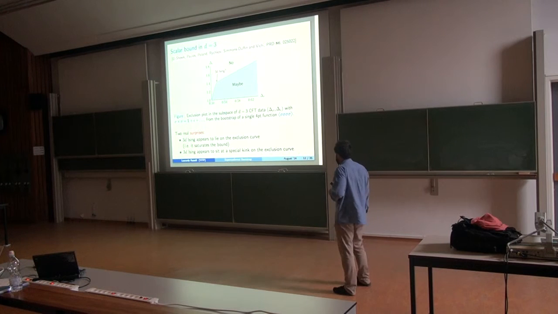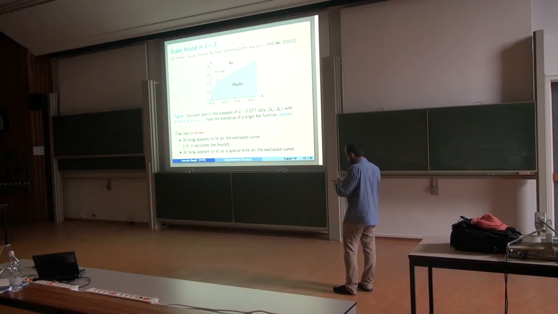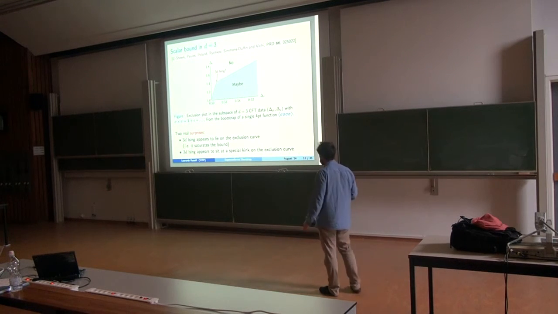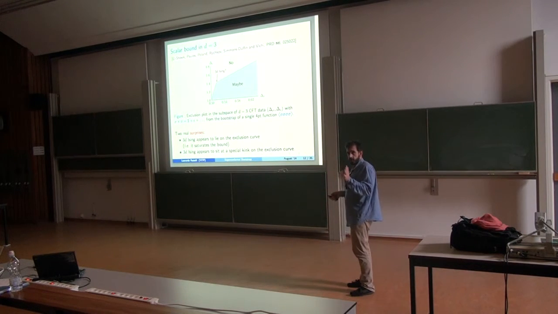But what's really spectacular, and nobody really expected this, is that this plot has a very sharp feature. It has a kink, a very sharp kink that gets sharper and sharper as you implement these constraints more and more accurately. I want to emphasize, when the oracle says no, it's a clear-cut no, because you're using a finite set of constraints, but they're true constraints.